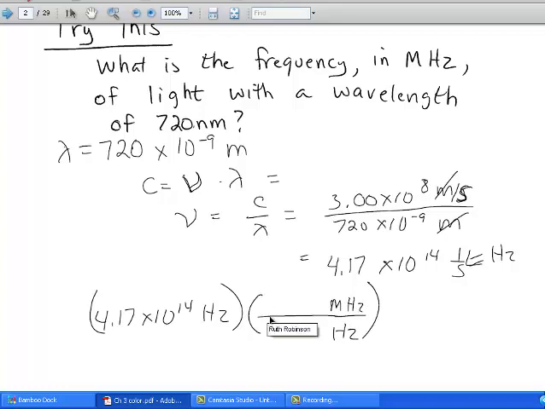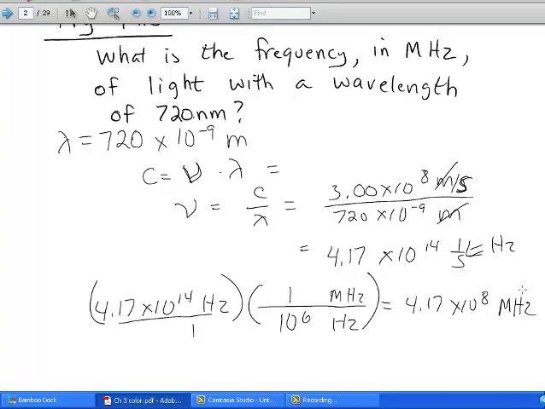And that conversion would be that there are 10 to the 6th hertz per 1 megahertz. Remember, you can put this over 1, and then the calculation will give you 4.17 times 10 to the 8th megahertz.